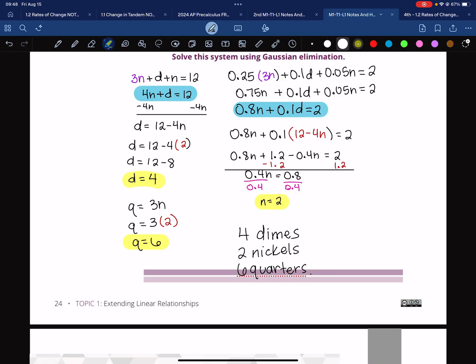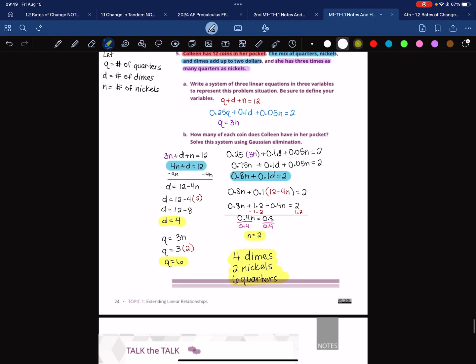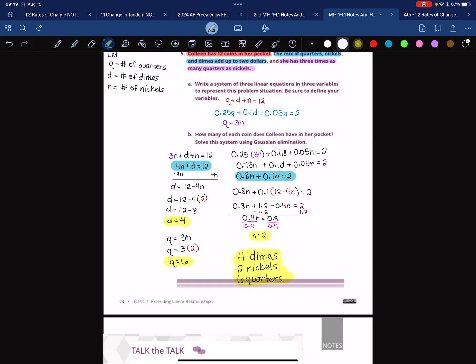And that's what this means in the context of this problem. Now, if you were to get a negative answer, that's not going to make sense because you can't have a negative amount of coins. So keep that in mind as we go through this.